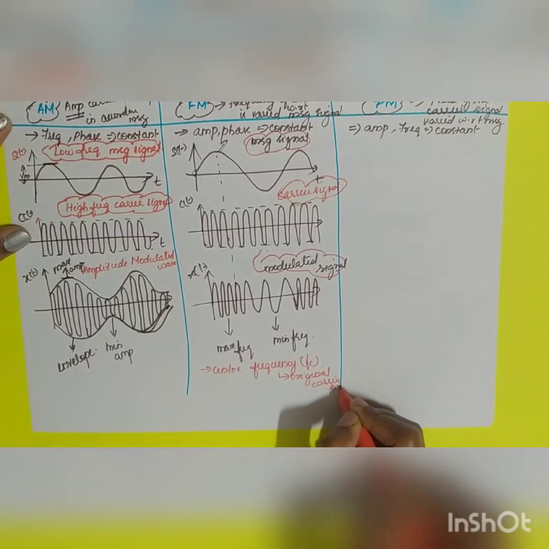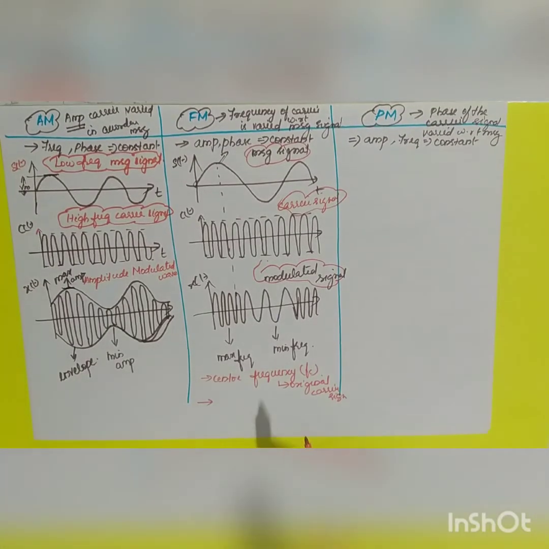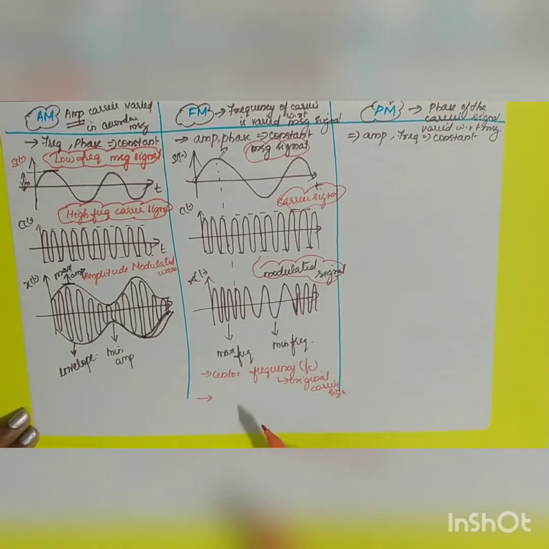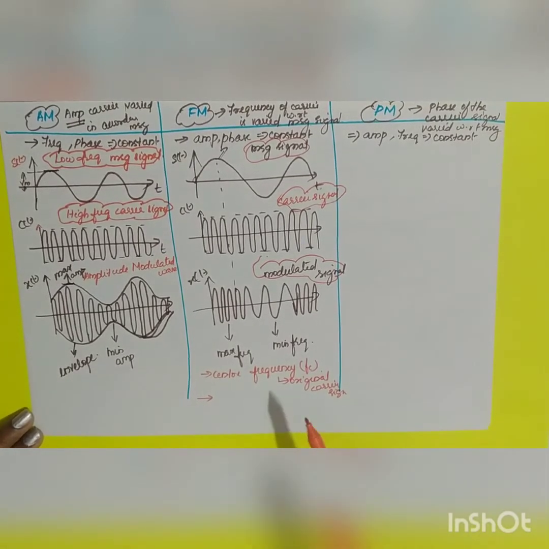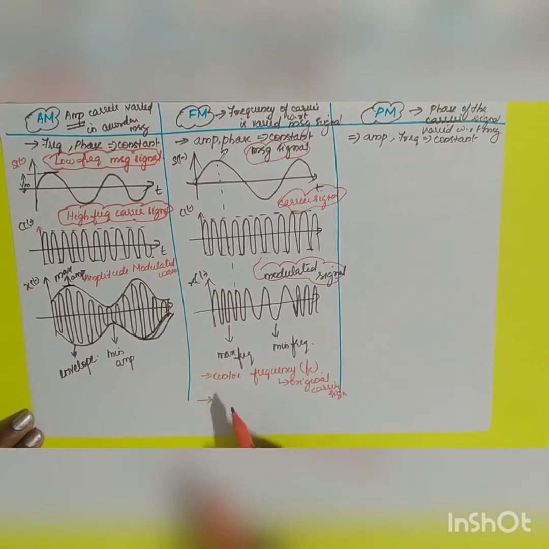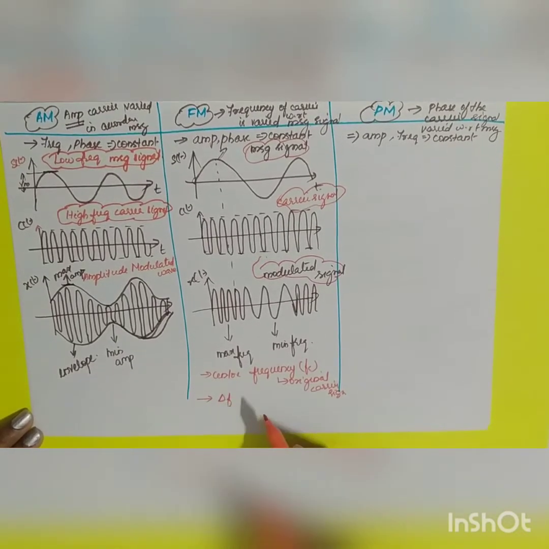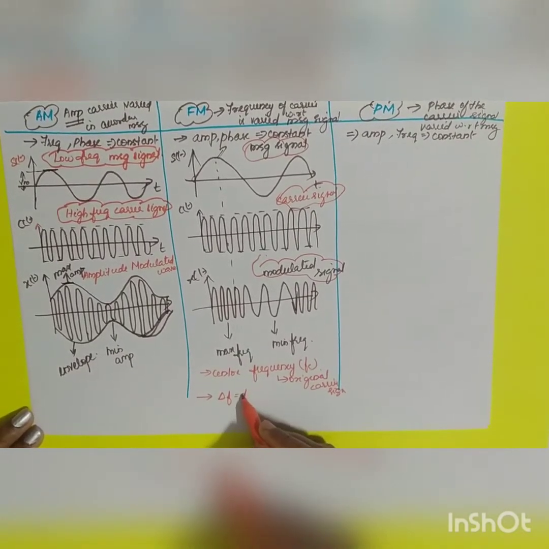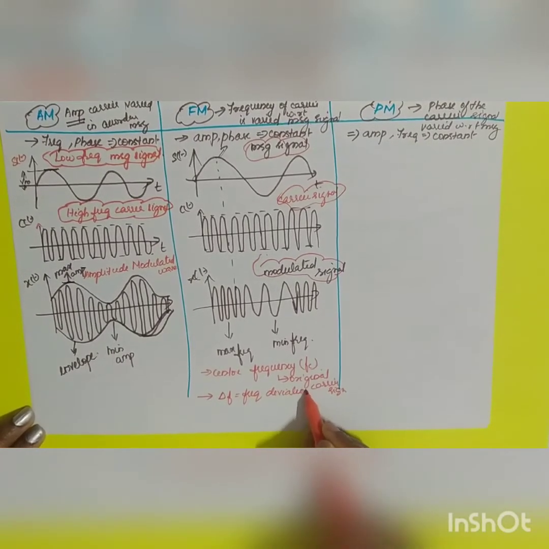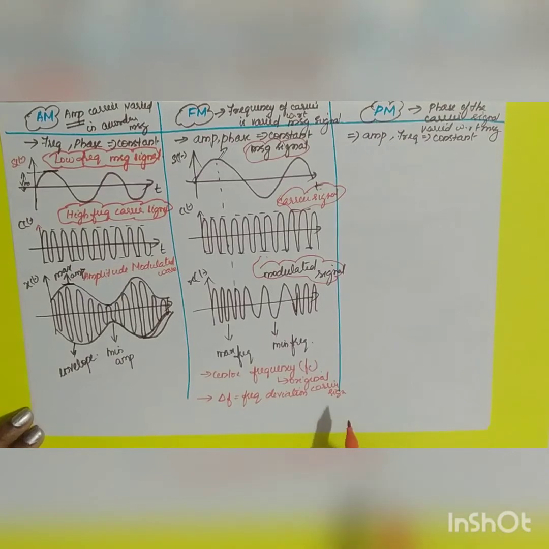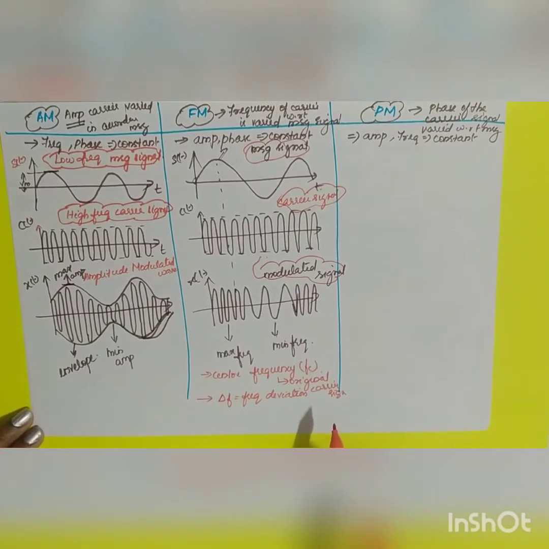Okay, so the amount by which the frequency of the carrier wave changes is termed as frequency deviation. So frequency deviation is given as del f, the amount by which the carrier frequency deviates.